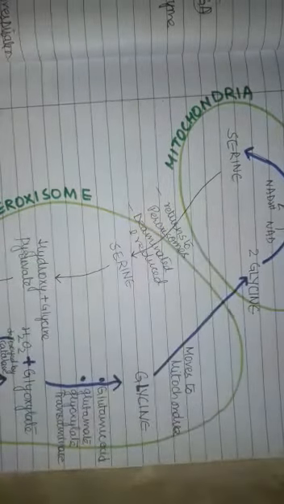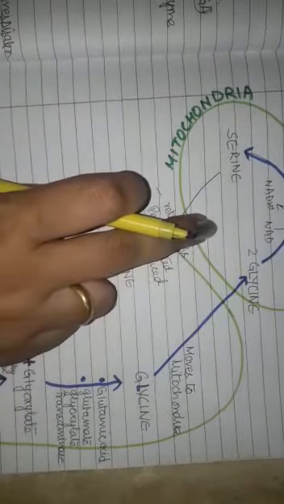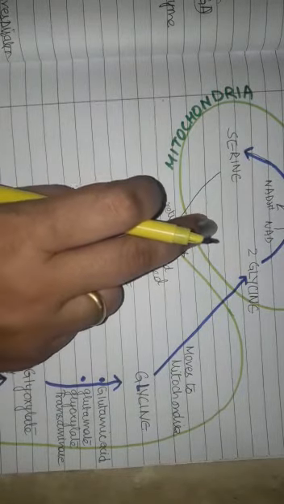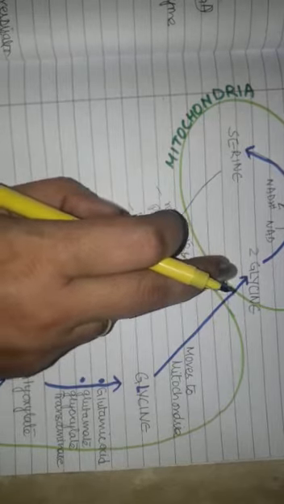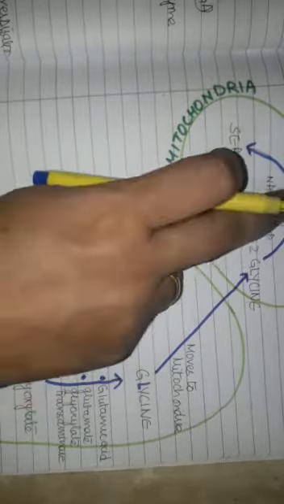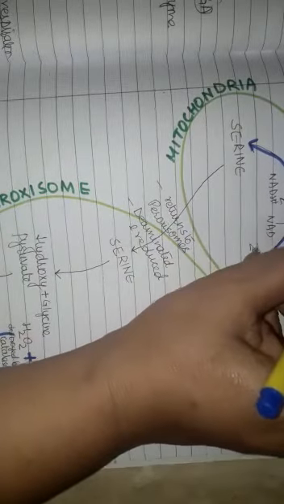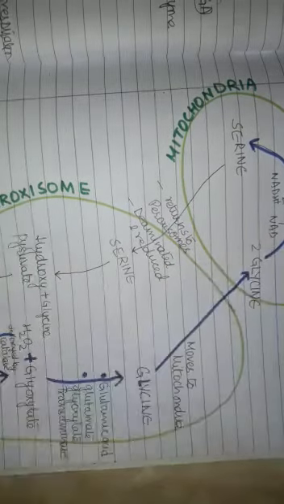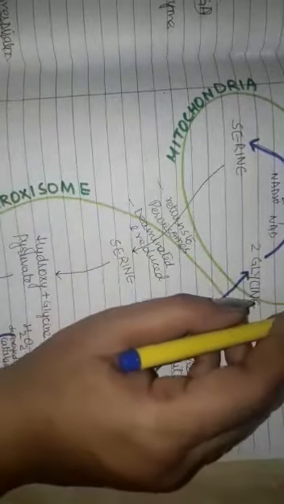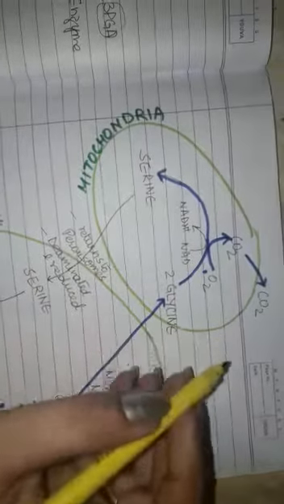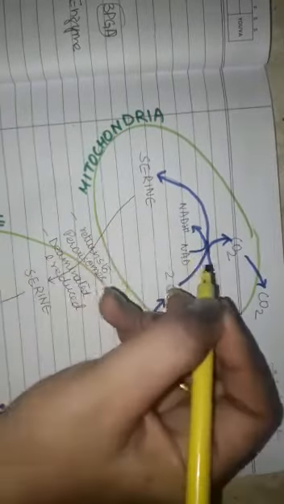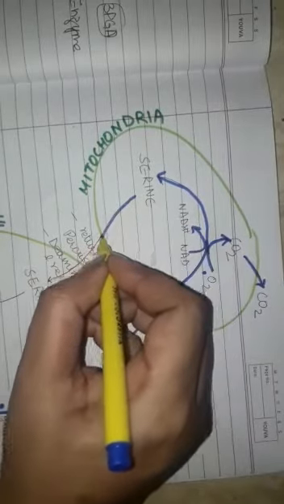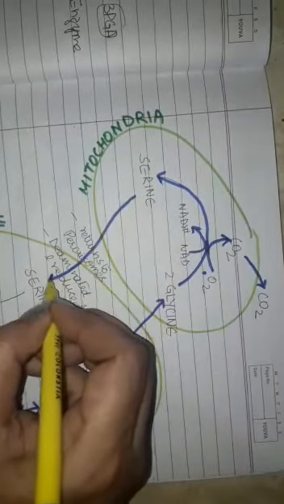Glycine moves to mitochondria, and it is oxidized. Means it reacts with oxygen, and it produces carbon dioxide, which is released to the atmosphere, and then this serine returns back to the peroxisomes.